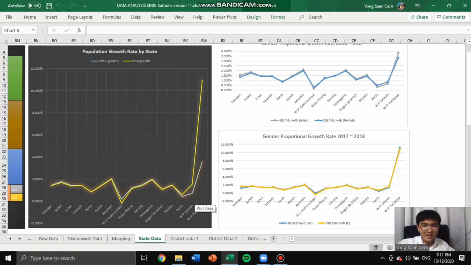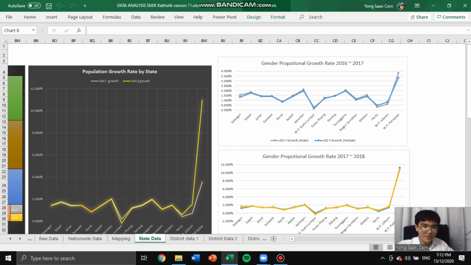And for Putrajaya, there is a significant spike of growth rate, and the population growth in Putrajaya is around more than 10,000 people. Anyway, we will continue. So you can see for Kuala Lumpur and Putrajaya, there is a significant difference, 11% and a minus few percent for Kuala Lumpur.